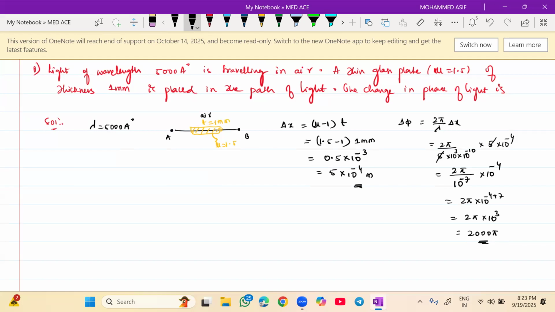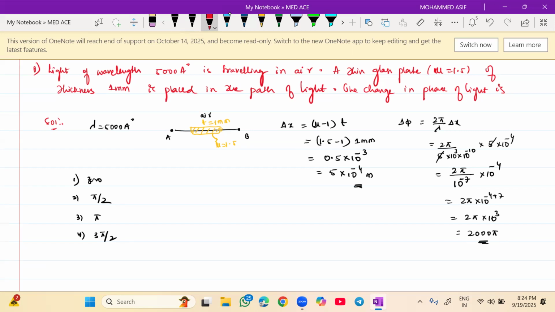Now 2000 pi means the phase will be equal to how much, beta? What will be the phase? If I give the options like this: 0, then pi by 2, then pi, and then 3 pi by 2, which answer will you take? Path difference is 2000 times pi.